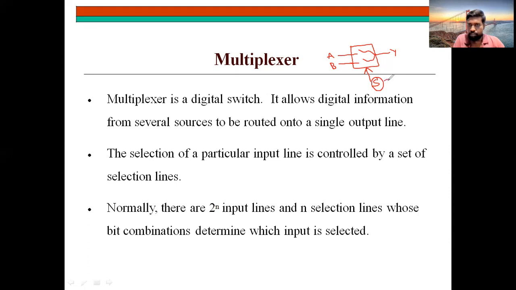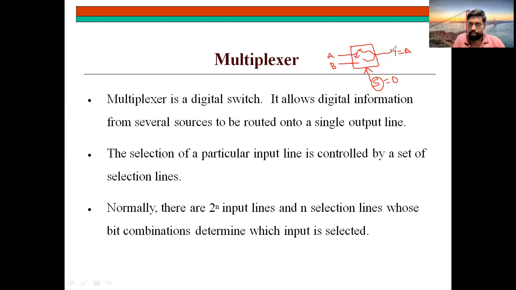Suppose S is equal to 0, the first switch will be closed, then directly A will be passed through to the output, and you will get Y is equal to A. B will be open, so open means no connection will be there.